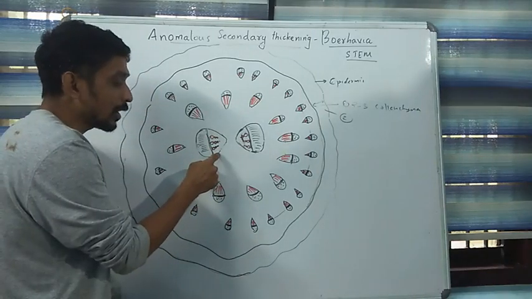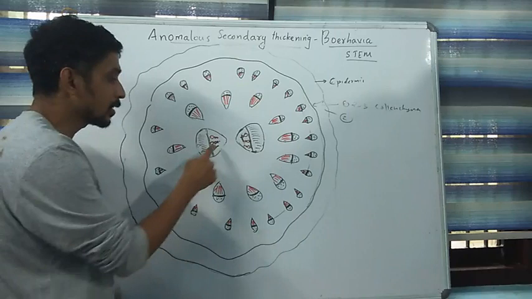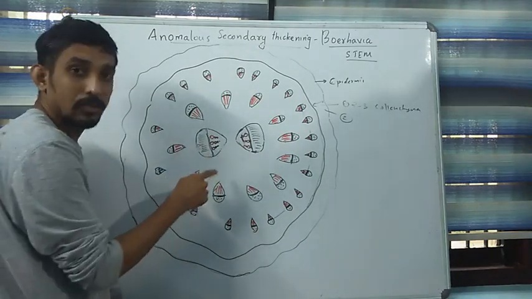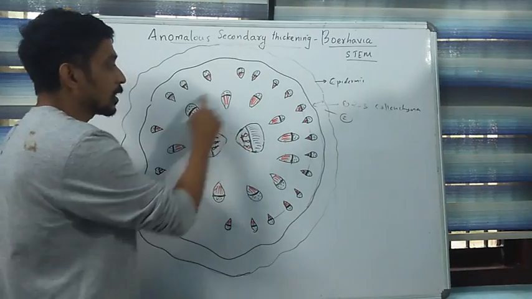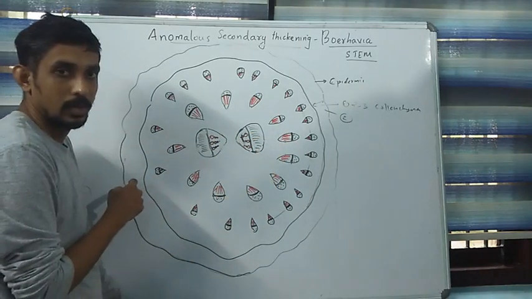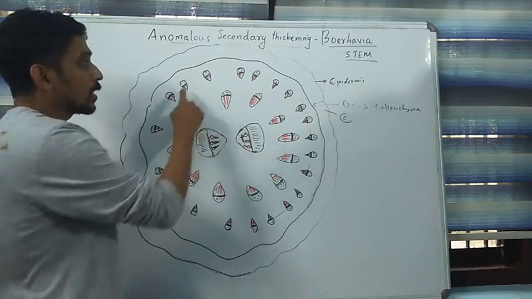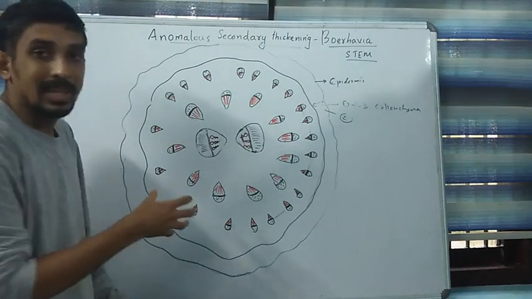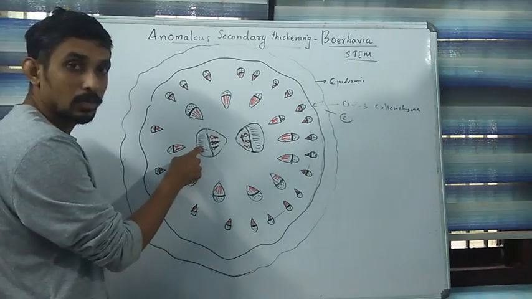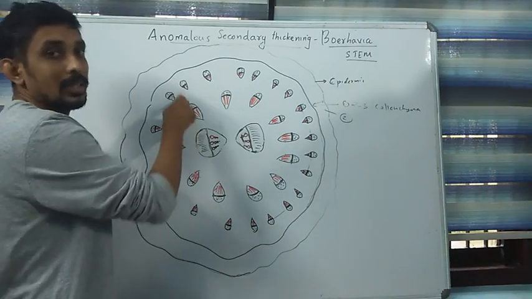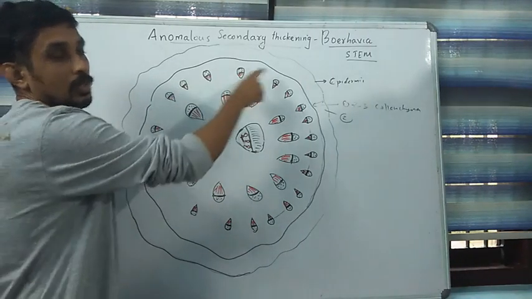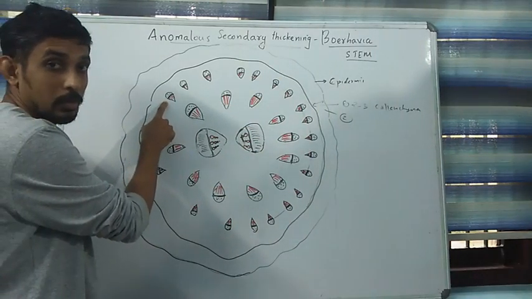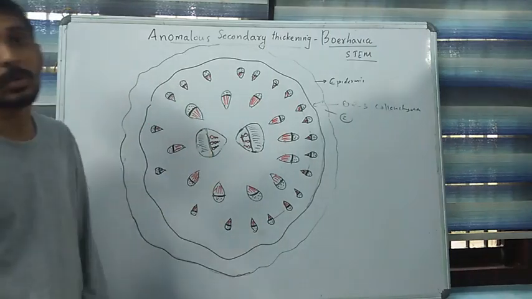When we compare the innermost ring and the middle ring, the number is 2 versus 6 to 14, but the vascular bundles are large in the innermost ring and smaller in the middle ring. In the outermost ring, the number of vascular bundles is more, but their size is smaller. So the smallest vascular bundles are present at the outermost ring, and the largest at the innermost ring.